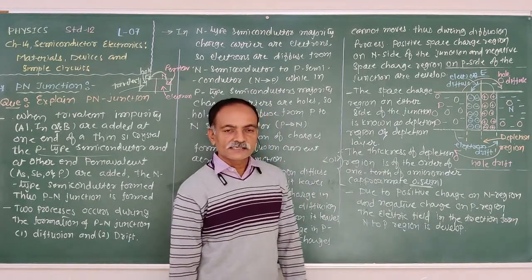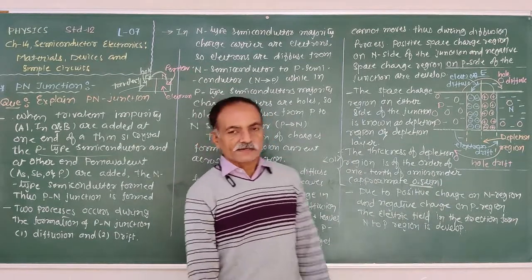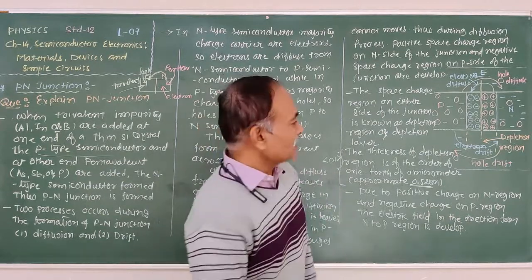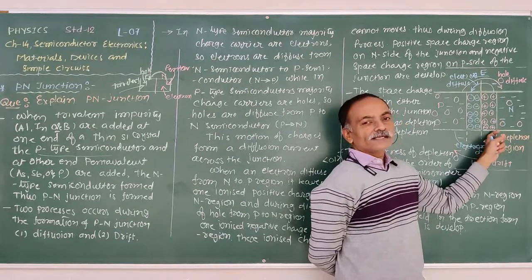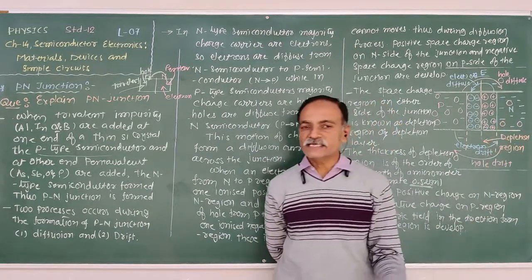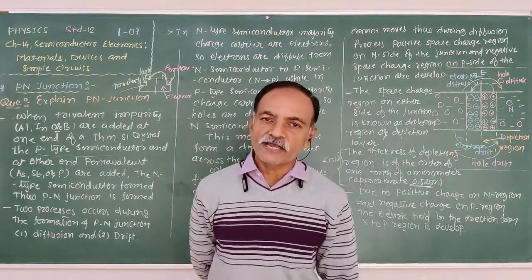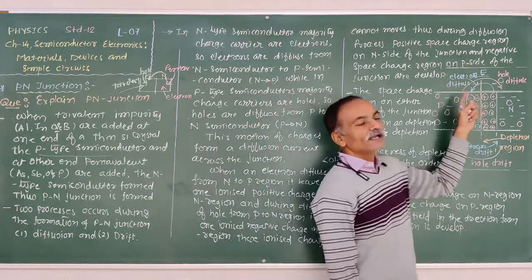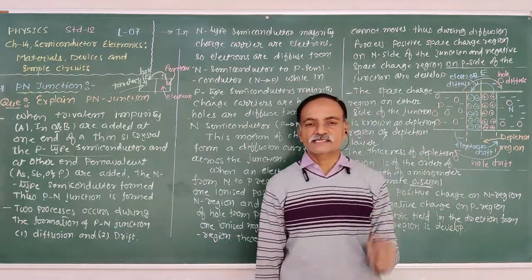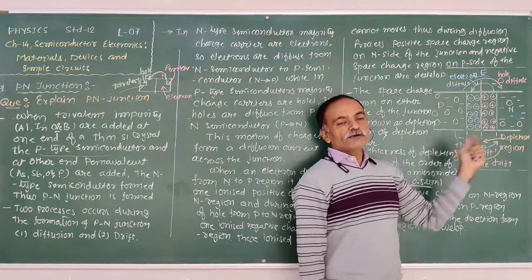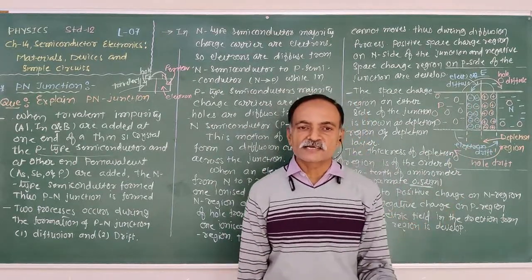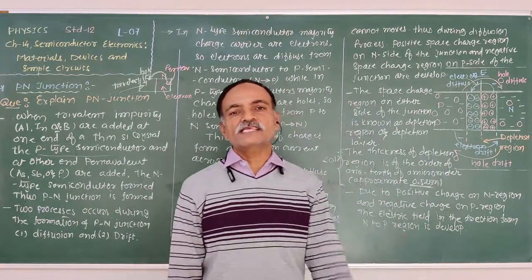Okay. Now what happens? These ionized charges, positive charges, are developed in the n region near the junction, while the negative ionized charges are developed in the p region near the junction. Due to the deposition of these charges near the junction, an electric field is formed.